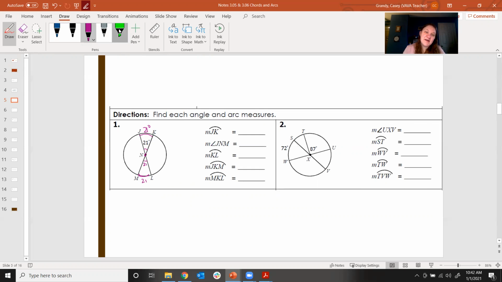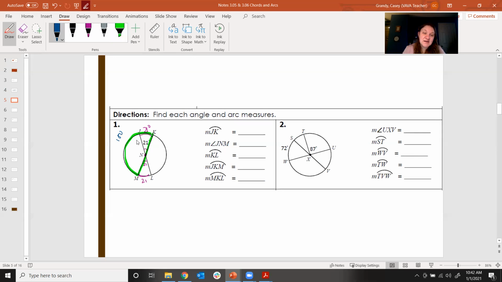Okay, and now I see that MK is a diameter, which means that arc MJK is a semicircle, which means it measures 180 degrees. Well, if this whole thing is 180 degrees, and this piece is 21, then I can figure out the measure of MJ by taking 180 minus 21.